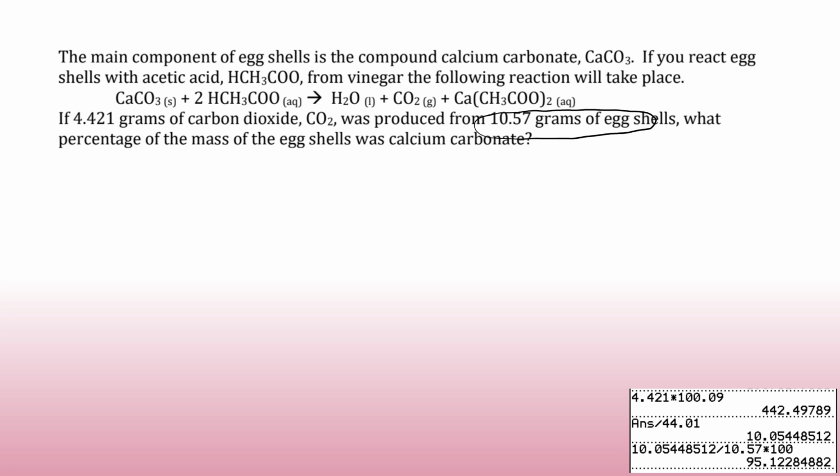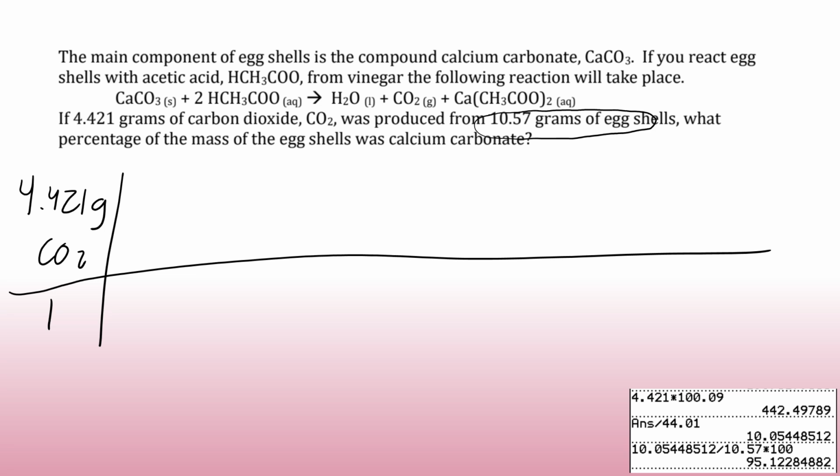So we're going to save this later. We're going to take the 4.421 grams of CO2, convert that all the way over to calcium carbonate. So 1 mole of CO2 on the top, 44.01 grams of CO2 on the bottom. Actually, double check, are we balanced?